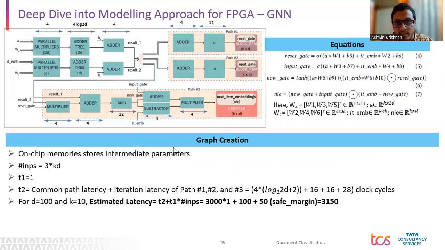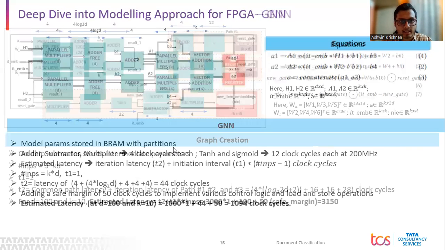Now, these sets of equations are again a part of the GNN, which in this case is essentially a GRU. Here we see that all the intermediate stages like the reset gate and input gate are again stored in on-chip memories like block RAM or registers. One important thing to notice is, suppose we were to implement the independent equations like 4 and 5 separately, like we did in the previous slide.